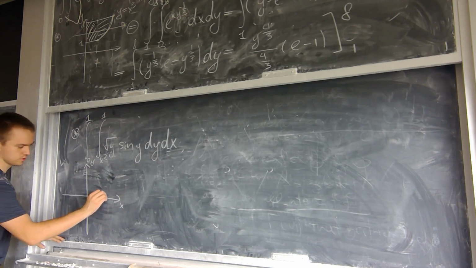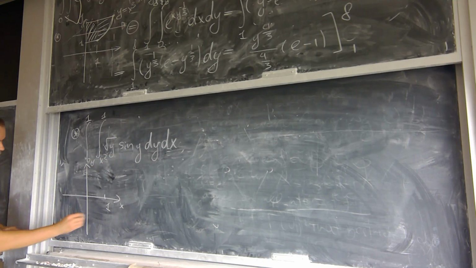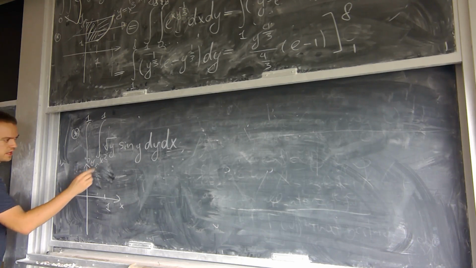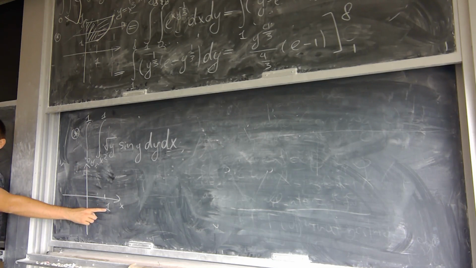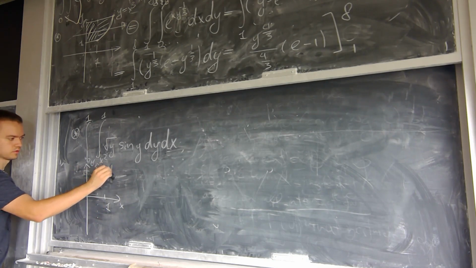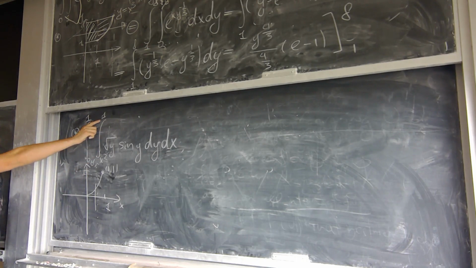Then for my y, I'm going to draw an arrow in the positive y direction. So I can see the first intersect is x squared. But I want to know where it ends. It ends when x equals 1, yes? So when x equals 1, I have this point (1, 1). So I have this x squared, which is the first region that I intersect. And what is the last region that I intersect? y equals 1.